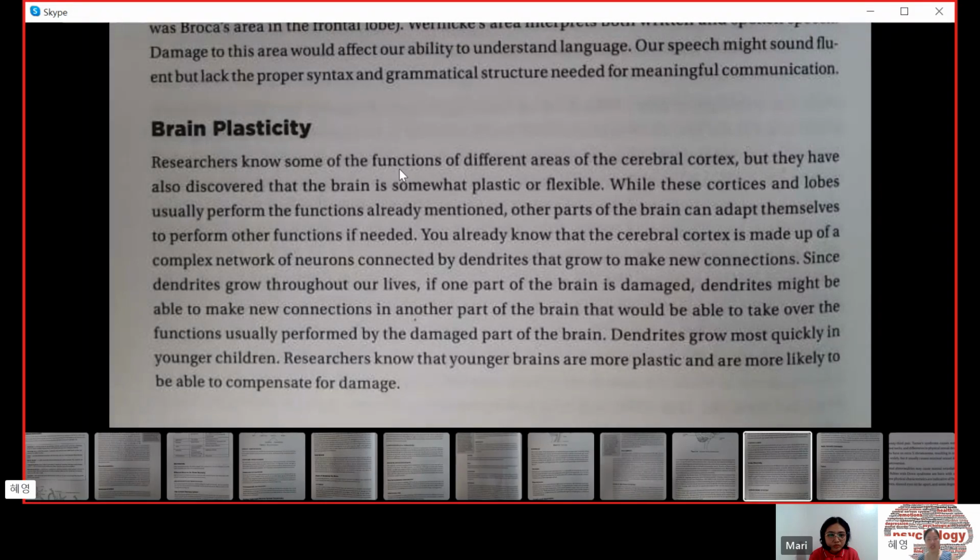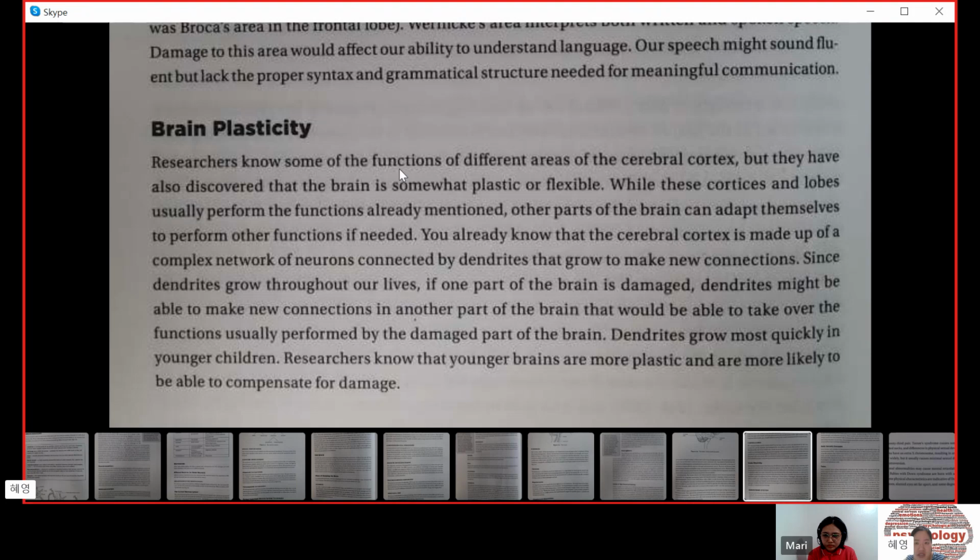And next one is brain plasticity. So researchers know some of the functions of different areas of the cerebral cortex. They have also discovered that the brain is somewhat plastic, or flexible.